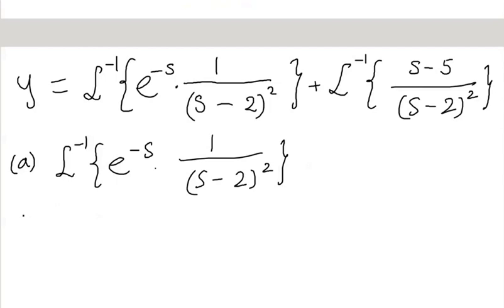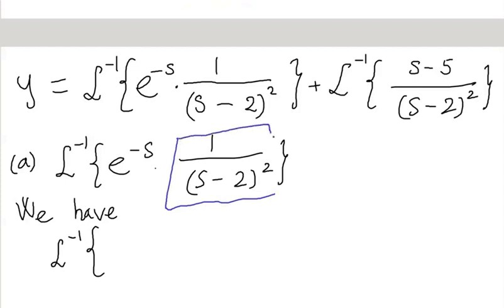First, we need to look at the inverse Laplace transform of the fraction without the exponential e to the minus cs. So we need to look at that first.